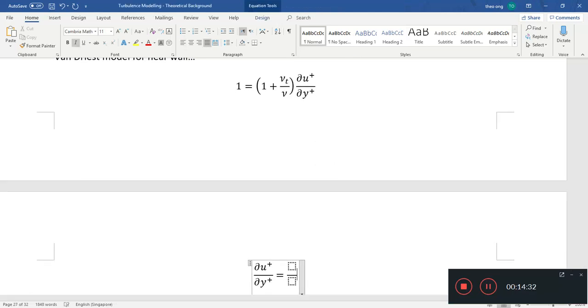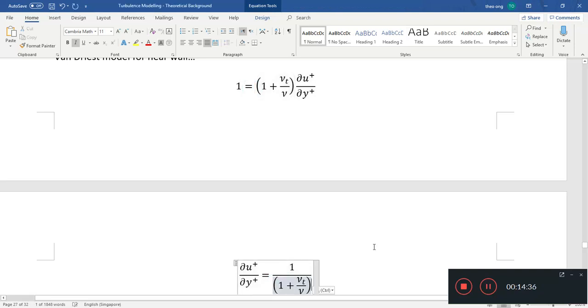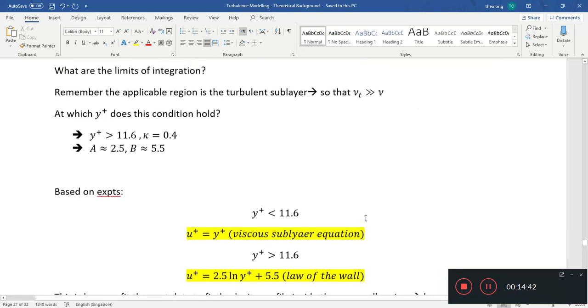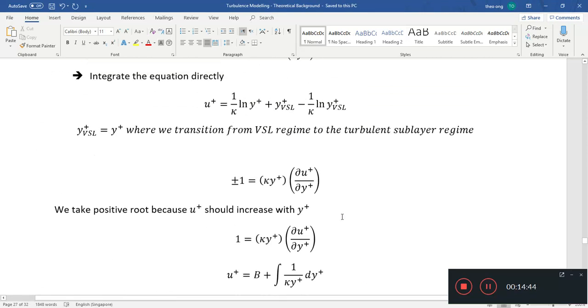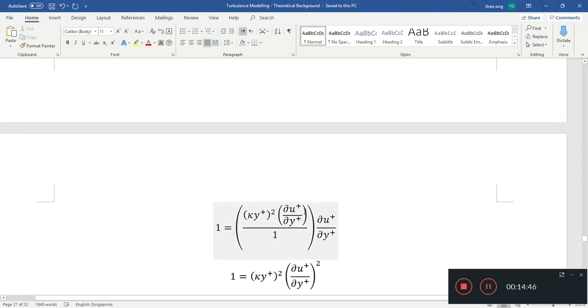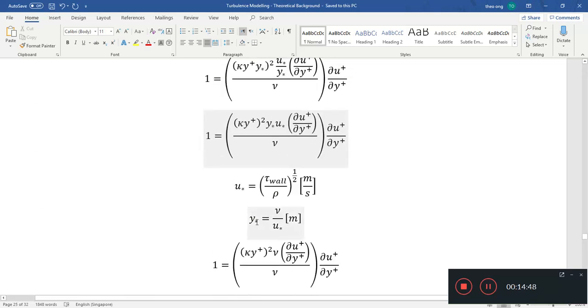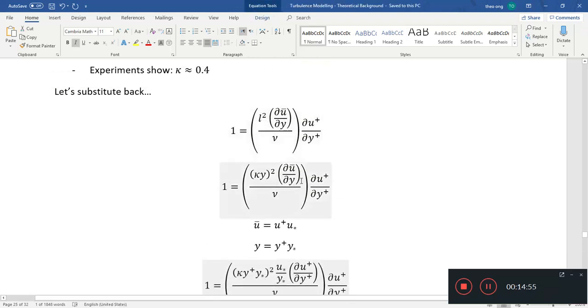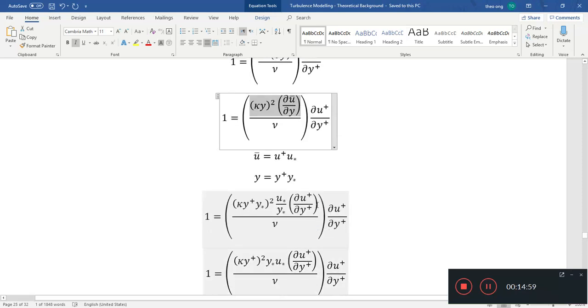We expect it in this kind of form, 1 over 1 plus nu t over nu. What is turbulent viscosity? We saw before, this is equal to L squared into du dy, and then after doing the substitution, we have all of this here.